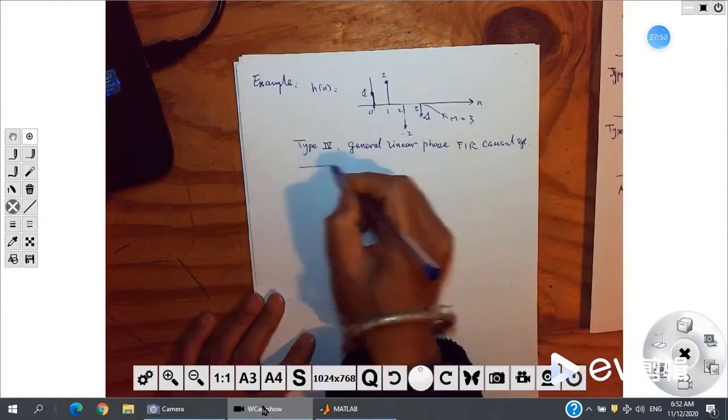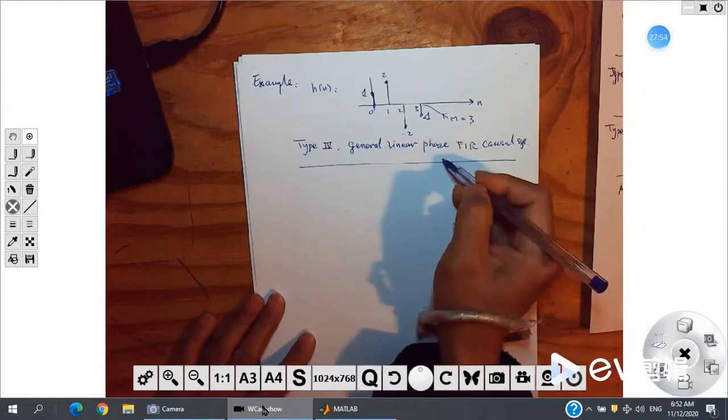Now whether it's linear phase, you need to calculate more.